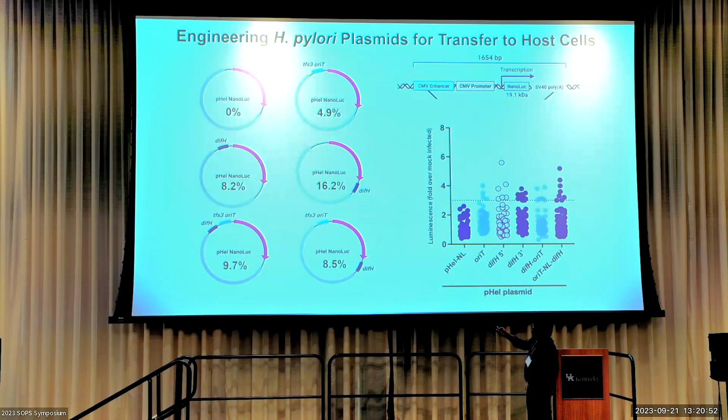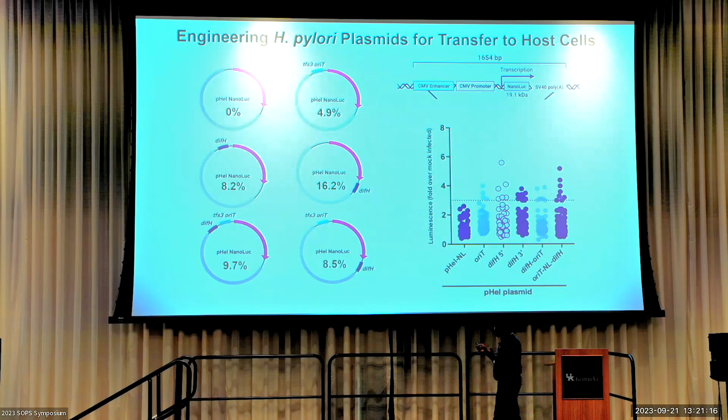So I integrated the recognition sequences of those two key DNA processing proteins into these plasmids, in various mutations and combinations. Then we were able to see that this plasmid is now able to deliver to the human cells, albeit with different efficiency. And we found that the recognition sequence of the FtsK protein is most efficient at driving the transfer of DNA from Helicobacter to human cells.